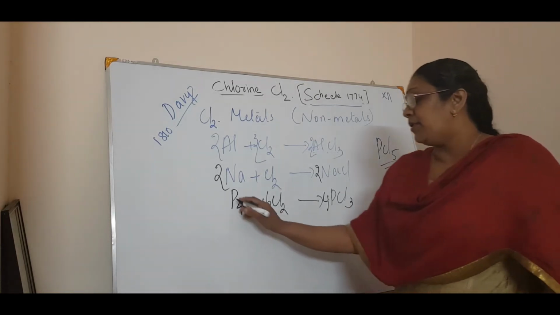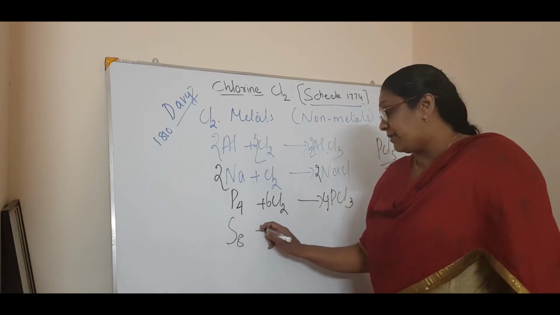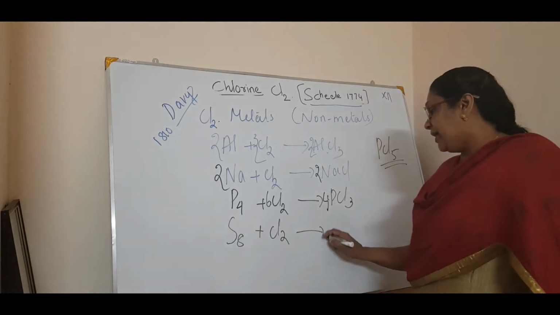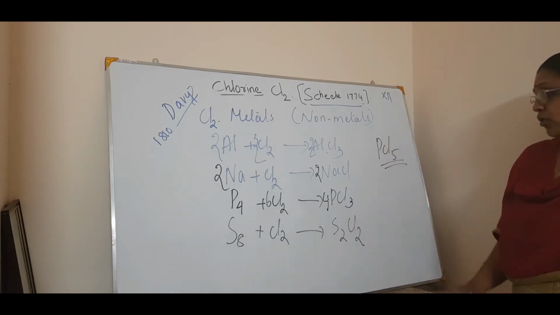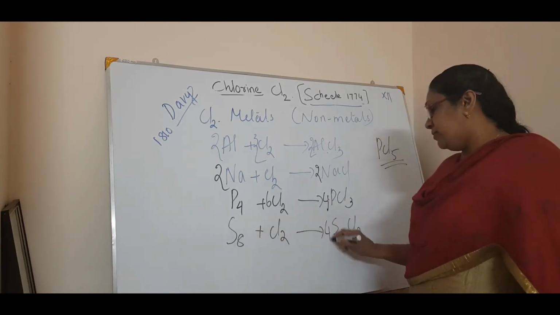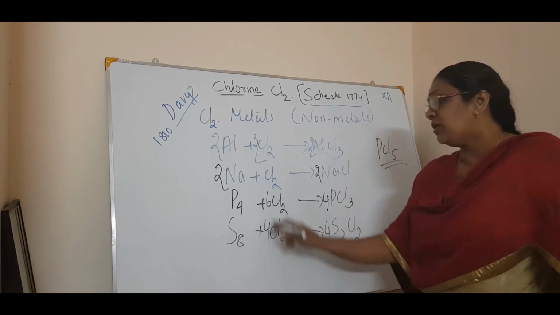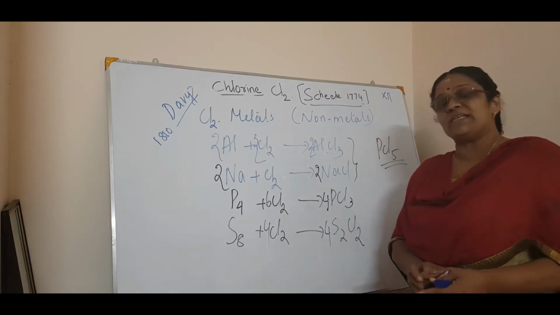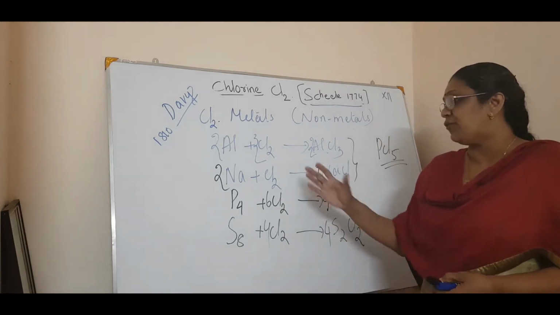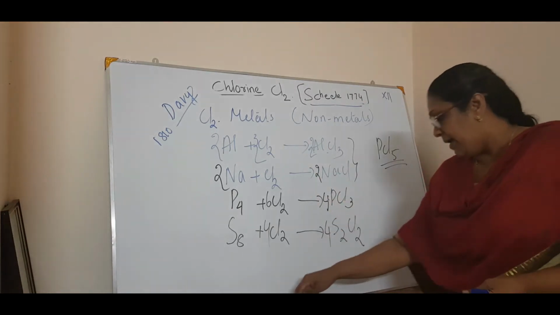One more non-metal, sulfur plus chlorine, will give you S2Cl2, that is sulfur monochloride. Balance it: 4 2s are 8, and chlorine 4 2s are 8. So chlorine reacts with both metals as well as non-metals to form the corresponding compounds.